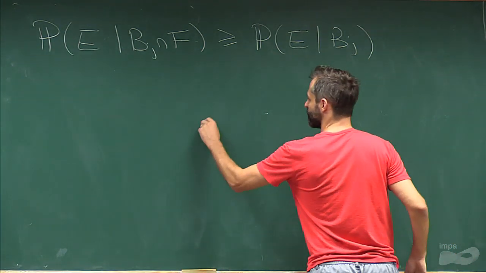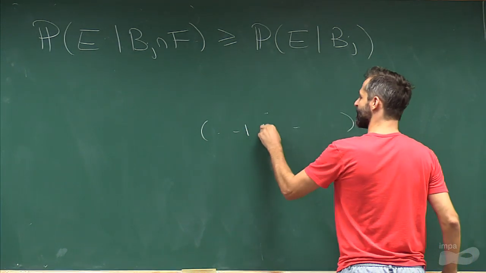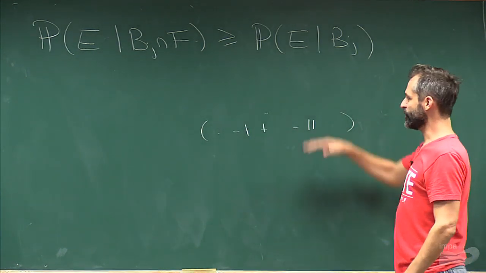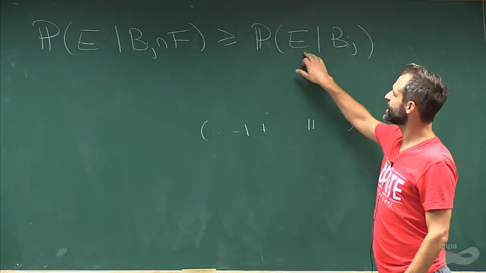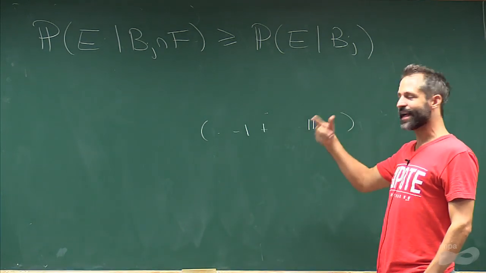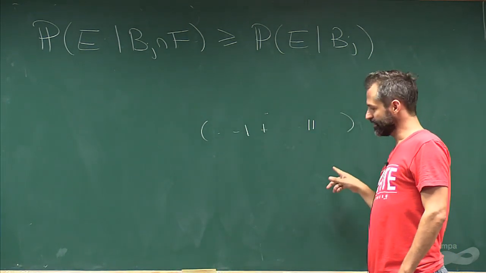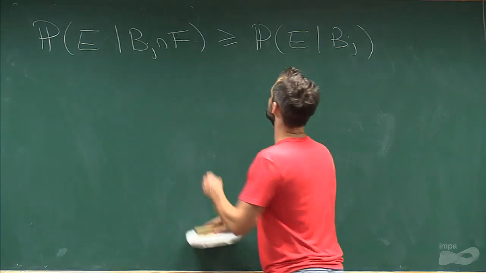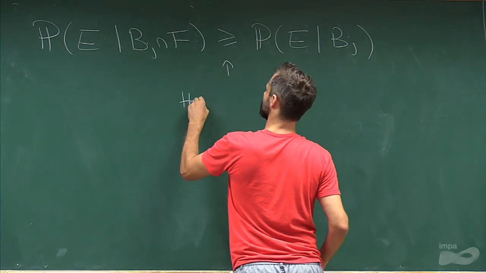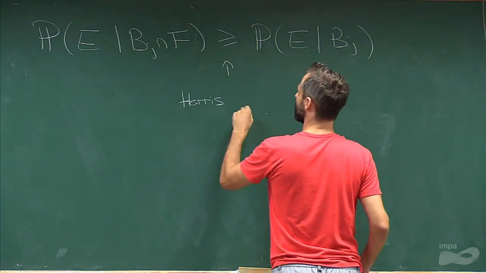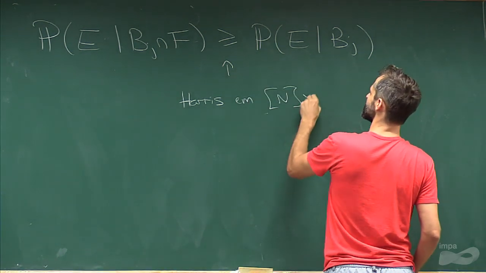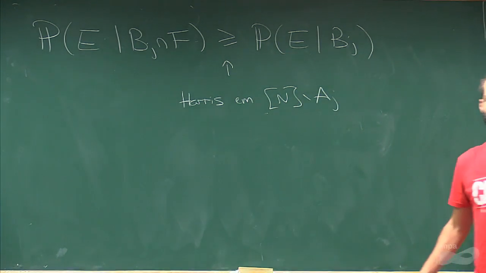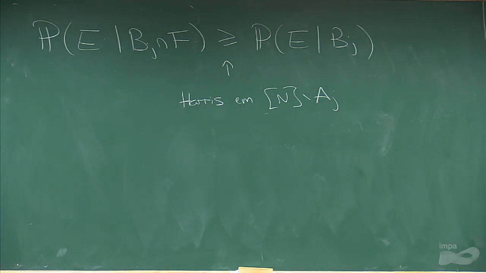Right? You just fix some coordinates to be 1, but if you are decreasing in the whole world, you're also decreasing here. So E is still decreasing, F is still decreasing. So in that subworld, this is Harris on n minus Aj, applied to the events when you fix all the elements of Aj to be 1.